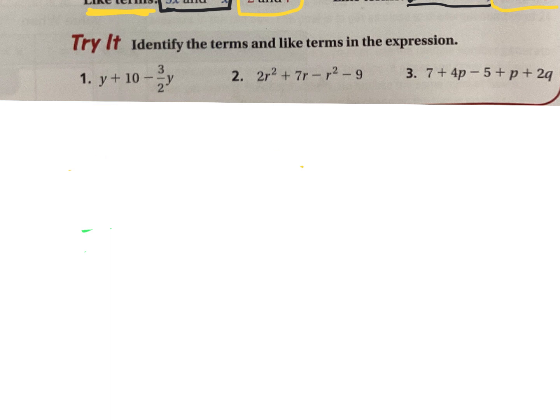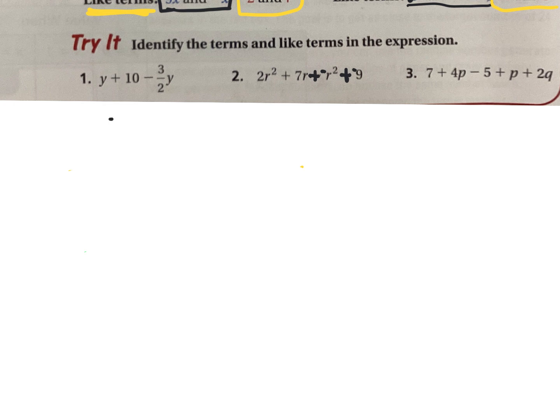First thing I want to do is change it into where it's all addition. 2r squared plus 7r minus r squared. So I'm going to add the opposite. And then minus 9, add the opposite. So now I have 2r squared plus 7r plus negative r squared plus negative 9.